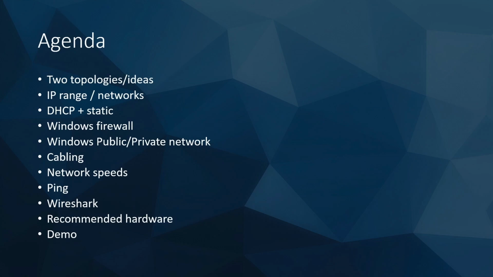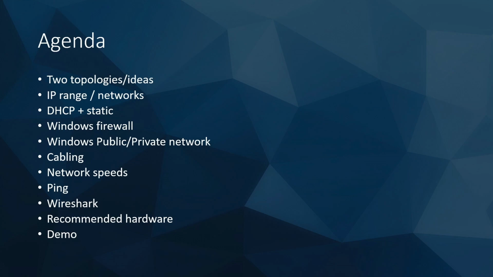So for today's agenda, what we want to present to you is 2 topologies or ideas that we would recommend for small to medium-sized competitions. We will talk about the IP ranges or networks in general regarding the IPs.